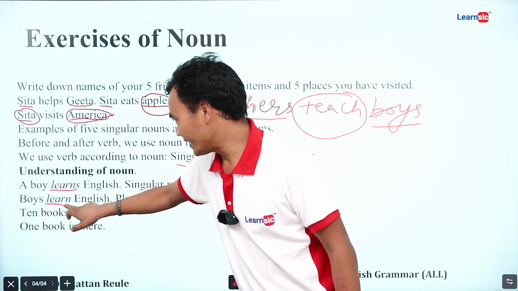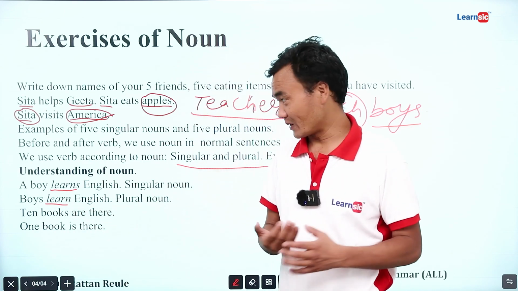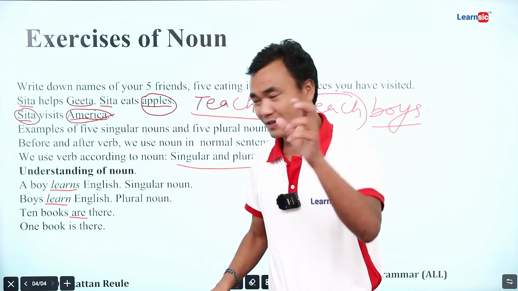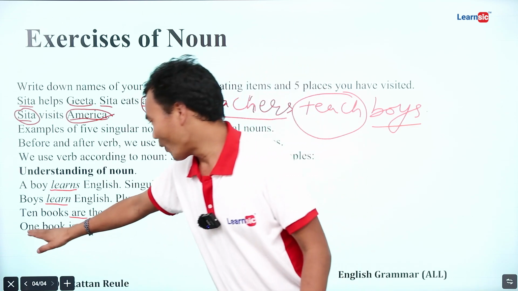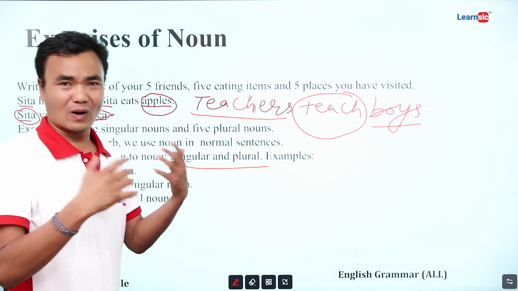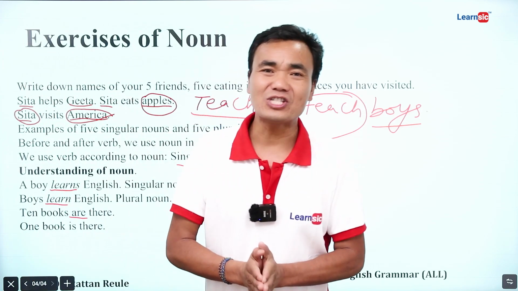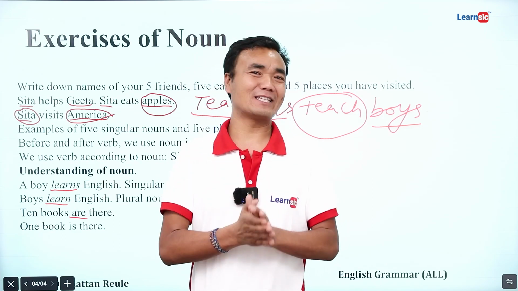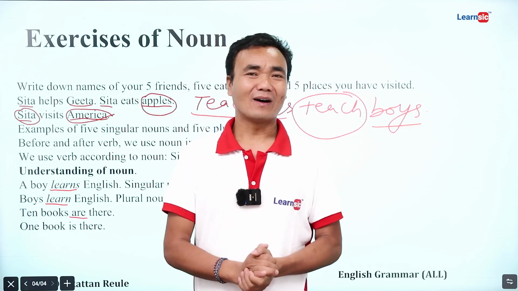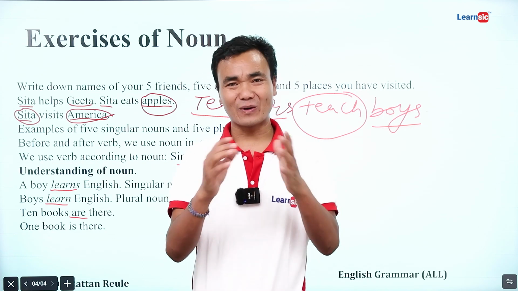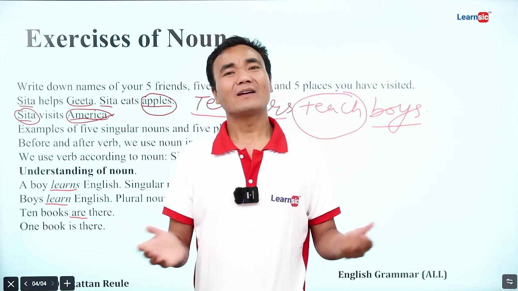Boys learn English, plural होनुको कारणले गर्दाखेरि. 10 books are, we are using the are helping verb, and in another example 1 book is there. I'm damn sure my dear all English learners that after watching this video, after working with this video of mine on noun, definitely all your confusions, all the doubts on noun are cleared.